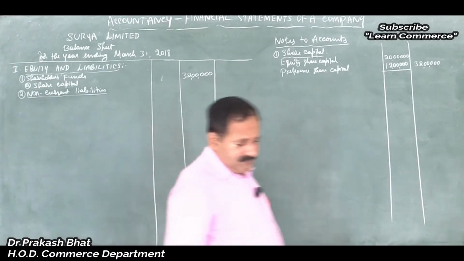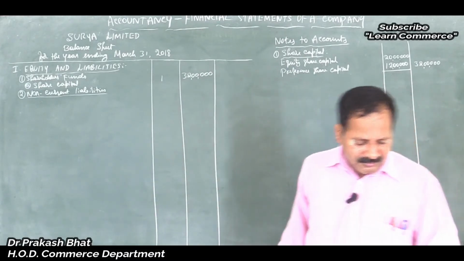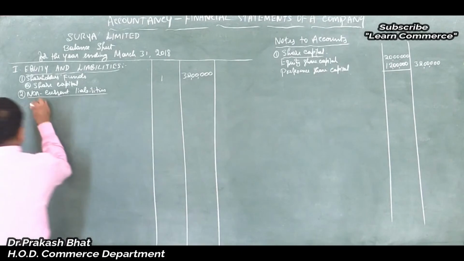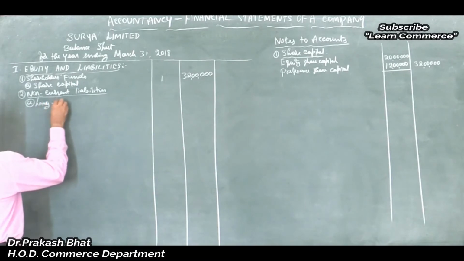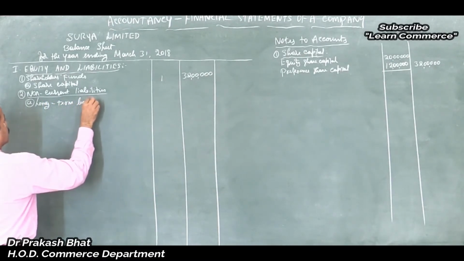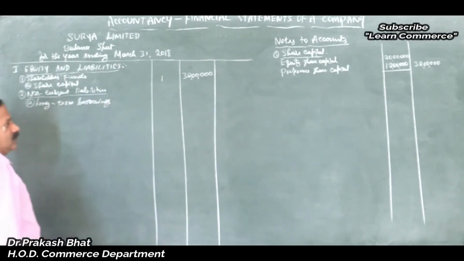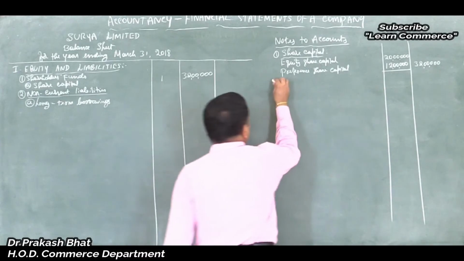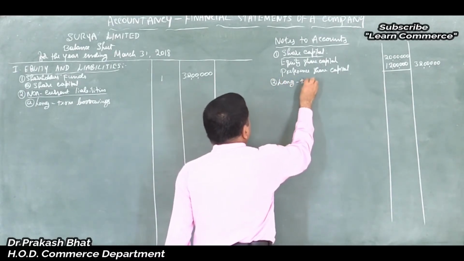Point A, public deposits, long-term borrowings, right here. Note number 2, long-term borrowings.